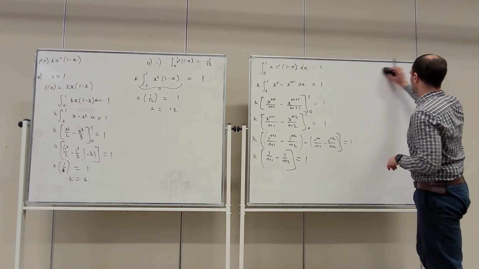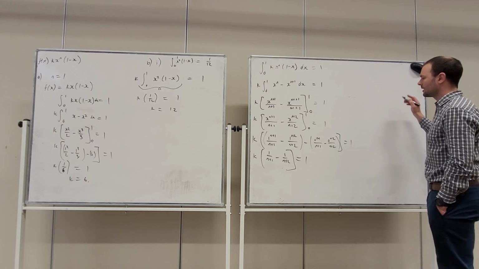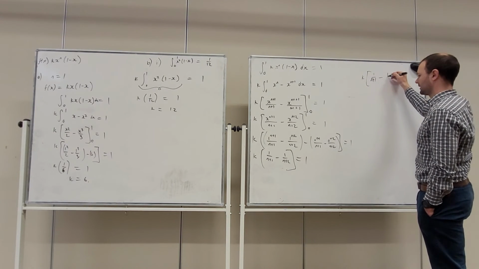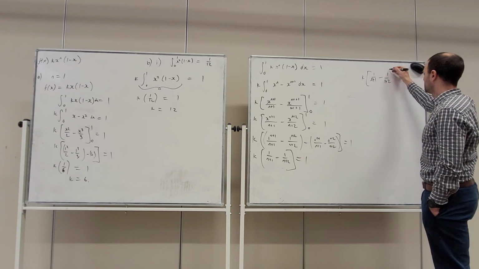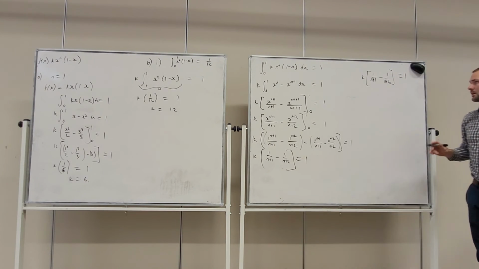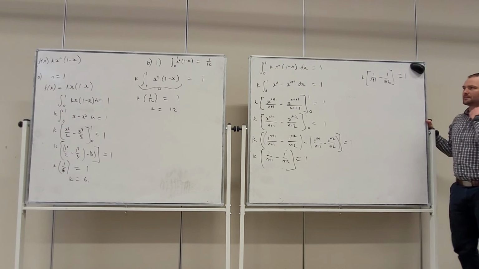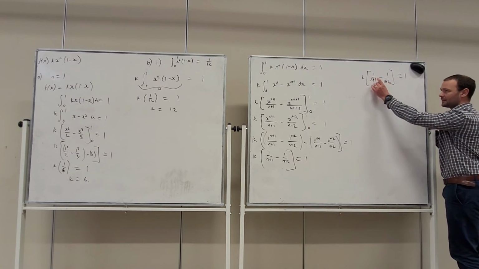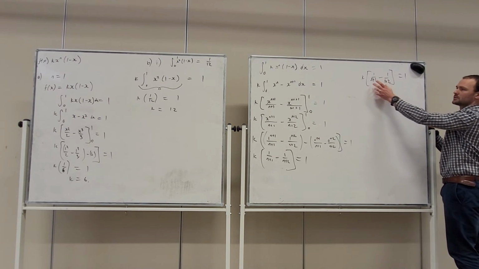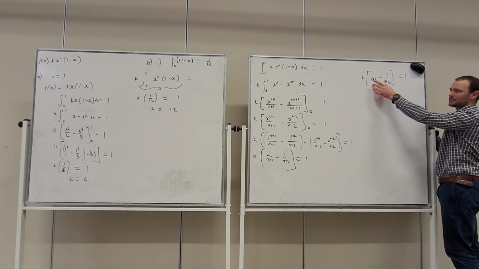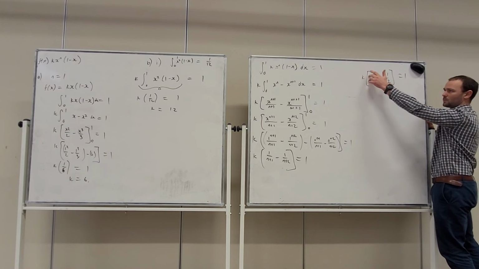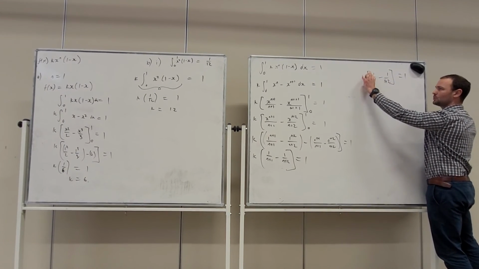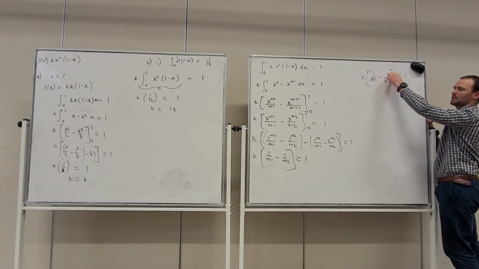I'll come back up here, you should have a bit more room. So we have k times 1 on n plus 1 take 1 on n plus 2 equals 1. What we're trying to do is get k by itself. So we want to join those together and move that over. We cross multiply the denominators: we multiply this one by n plus 2 on n plus 2, and this one by n plus 1 on n plus 1.